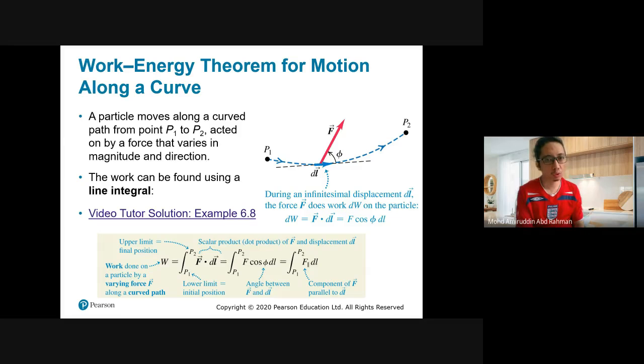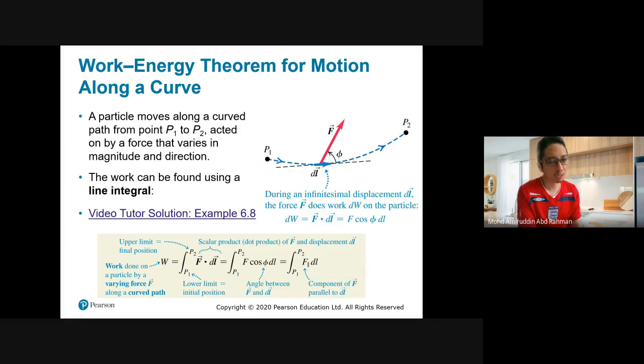During an infinitesimal displacement, a very small displacement dl, the force does work dW on the particle. So dW equals F dot dl, which is F cos phi dl.